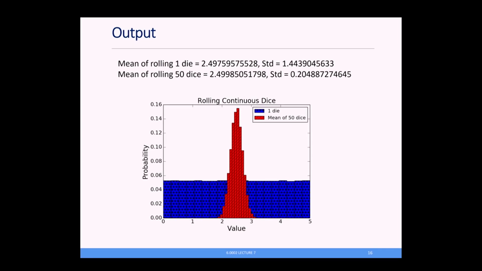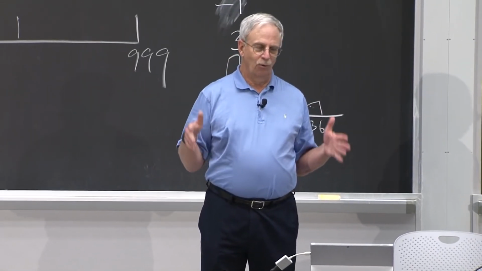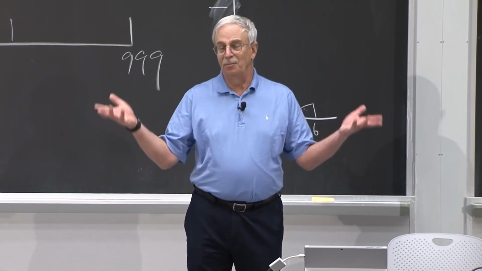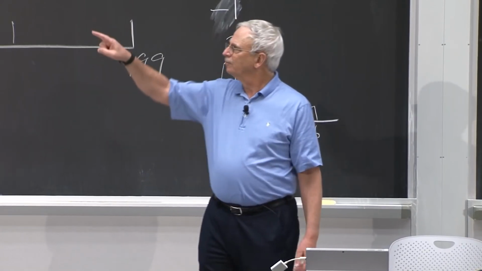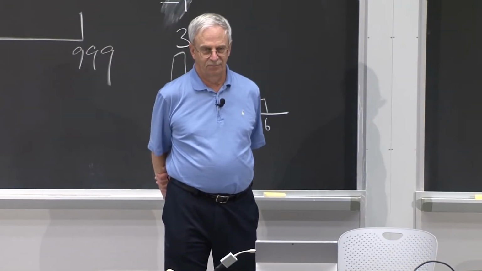But now if I roll 50 dice, well, again, the mean is close to 2.5. It's what you'd expect, right? I roll 50 dice, I get the mean value of those 50. But look how much smaller the standard deviation is.